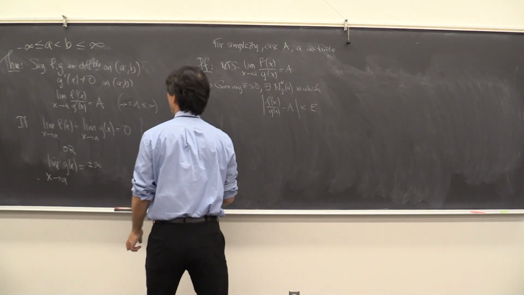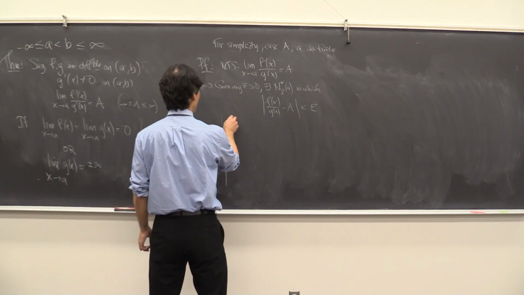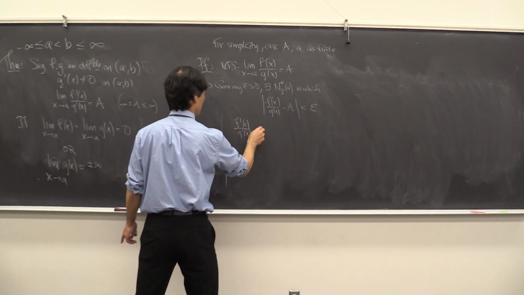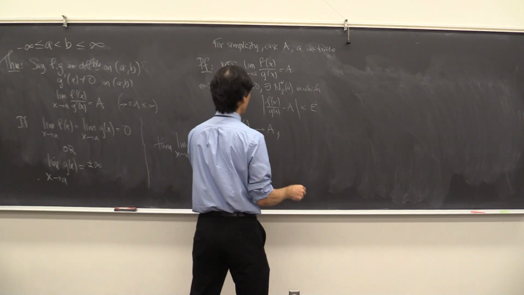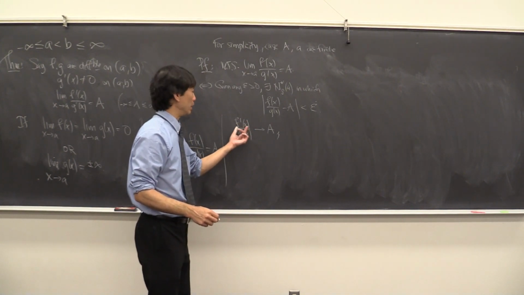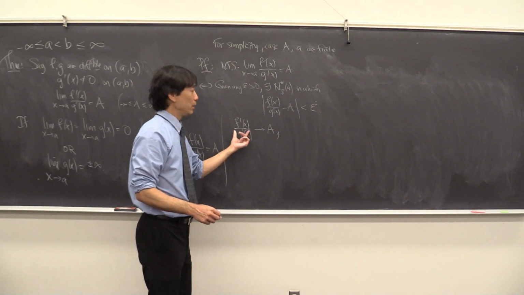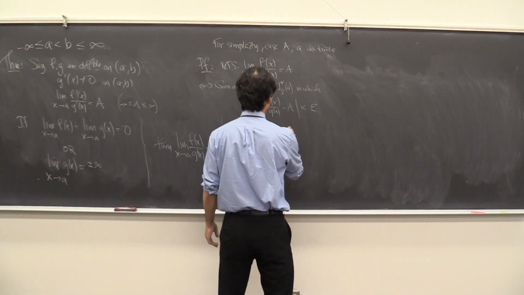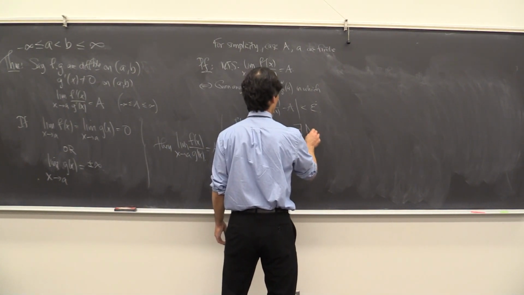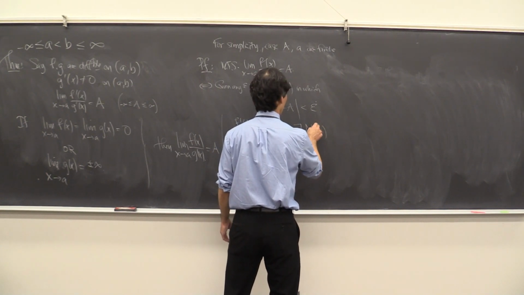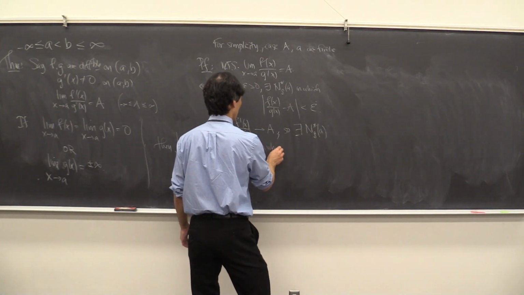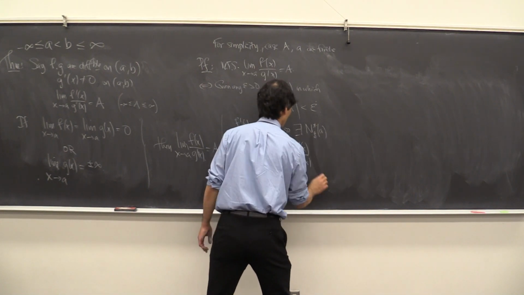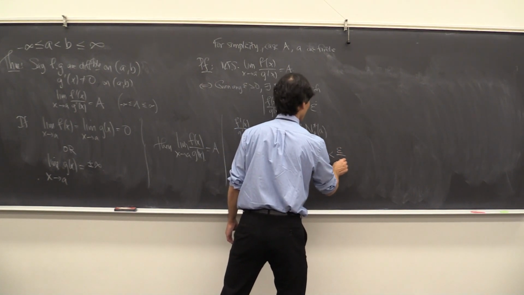So what we're going to do is say, well, look, we know the limit of the quotients of the derivatives is A. So we know there is a neighborhood in which these guys are close to A. So we know there exists a neighborhood of a in which this thing minus A is smaller than epsilon over 2.